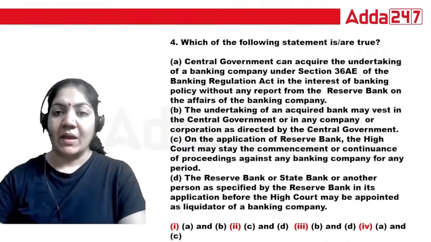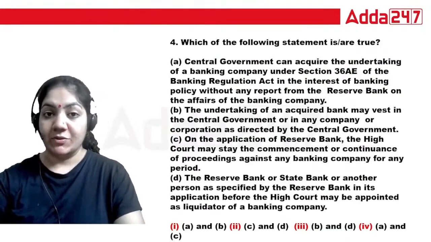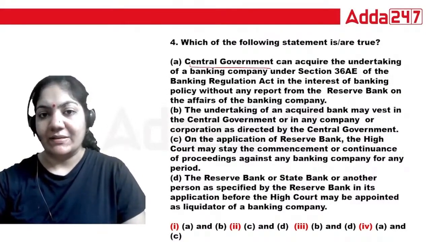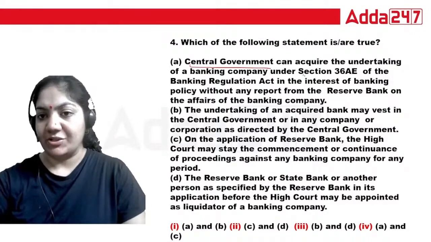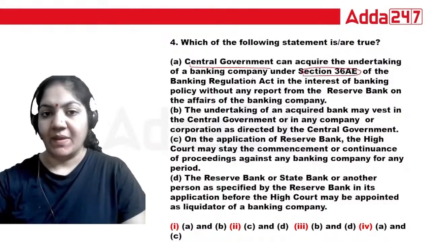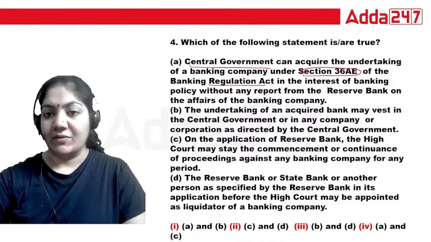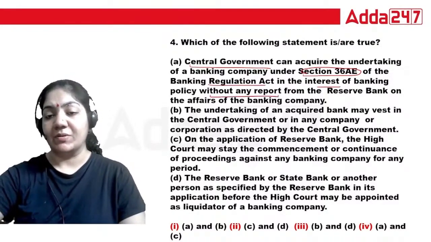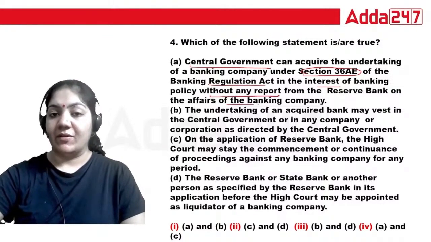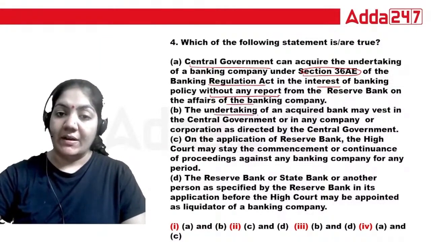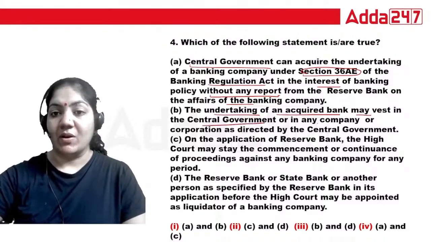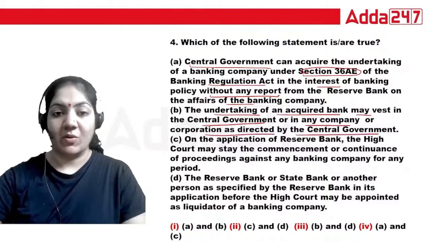Next. Which of the following statements is true? The central government can acquire the undertaking of a banking company under section 36AE of the Banking Regulation Act in the interest of banking policy without any report from the Reserve Bank on the affairs of the banking company. The undertaking of an acquired bank may vest in the central government or in any company or corporation directed by the central government.